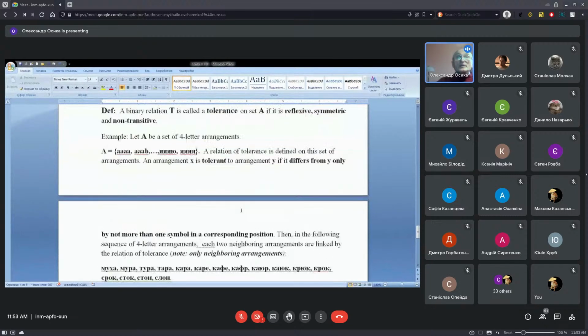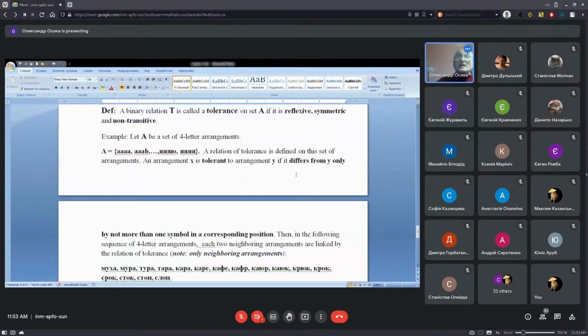Okay, but how do we define the relation? An arrangement X is tolerant to arrangement Y if it differs only by not more than one symbol.